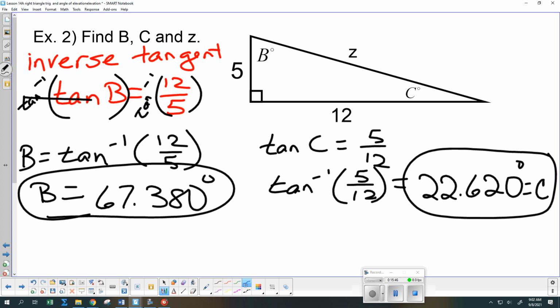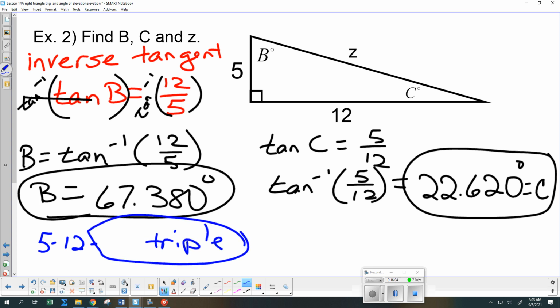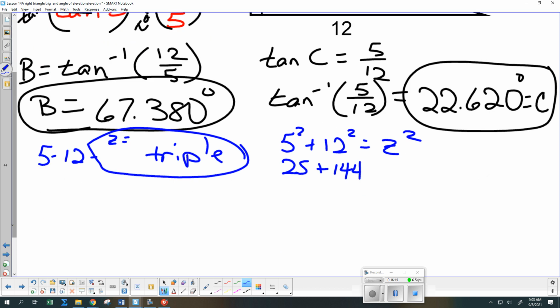What about Z? How am I going to get Z? Yep. Or you could say it is a triple, and you could just write down what your answer is and be done with that for Z. If you don't remember 5, 12, something is a triple, then you're going to do 5 squared plus 12 squared is Z squared, so 25 and 144, so 169 is Z squared.